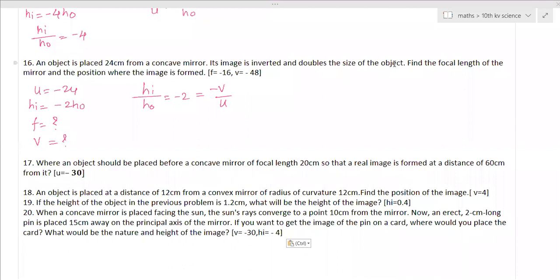Ma'am, is the focal length minus 16? Yes, it's right. Then solve the 17th also in a similar way.